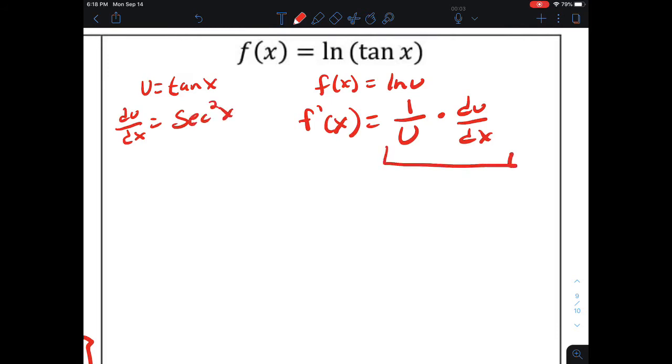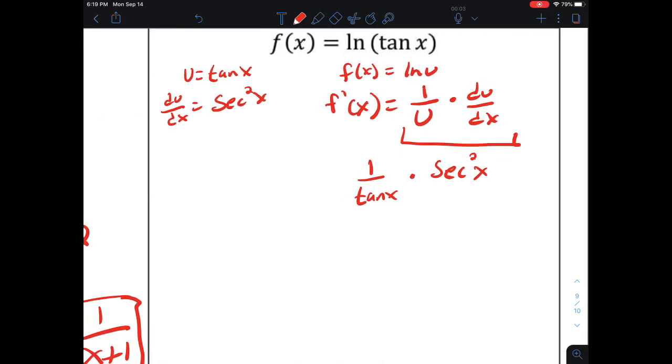And so I'd put all that in over here on the right-hand side. So 1 over u, so we'd have 1 over tangent times secant squared. If I go through the process and try to simplify this, we can use some trig identities.